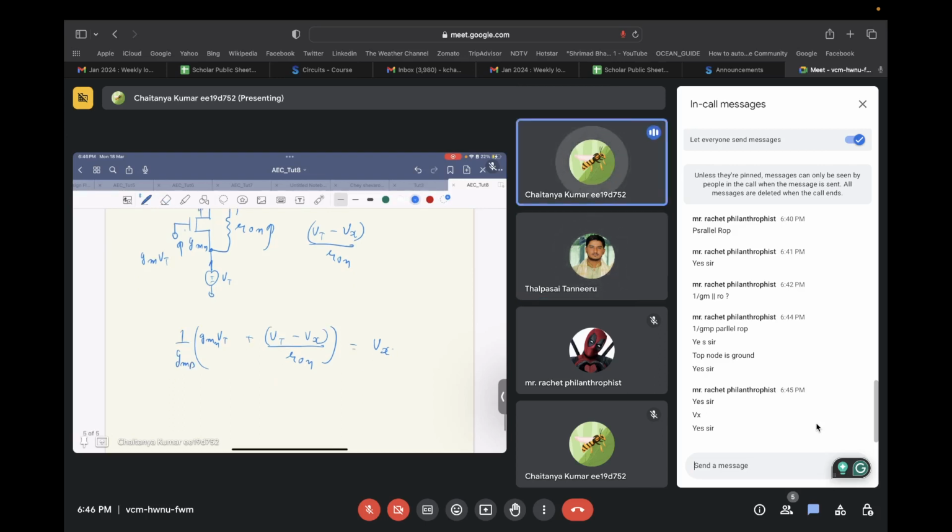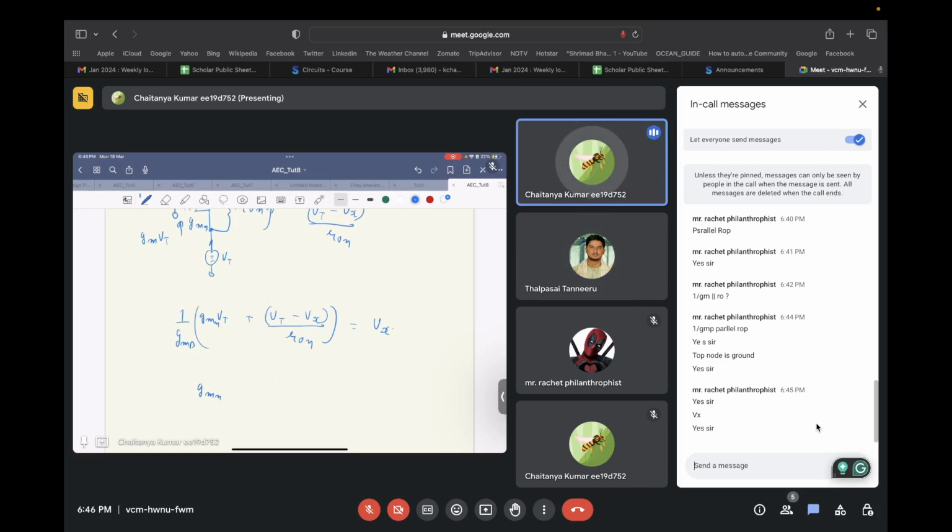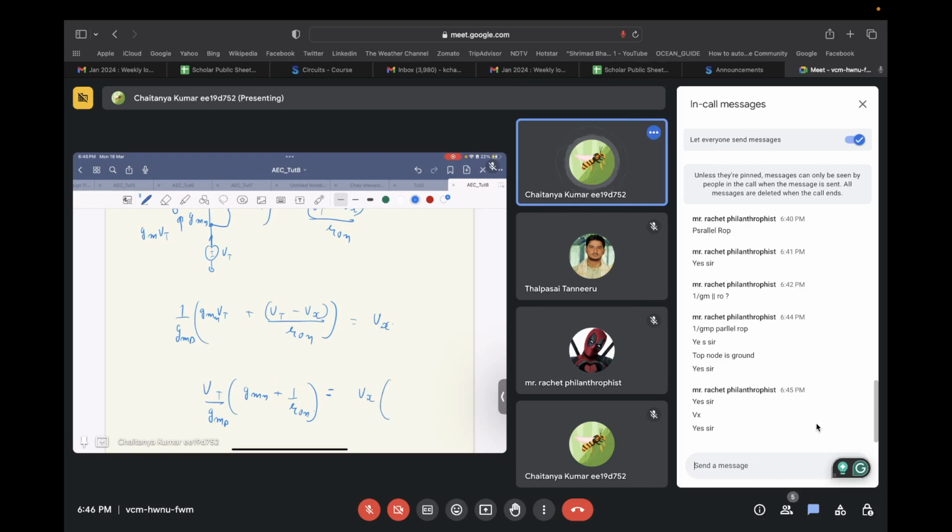Okay. So from here, what you can get is GMN times Vt. So we can put this as Vt times GMN plus 1 by RON, minus, here we will have GMP, and over here we will have Vx times, we can take GMP over here.